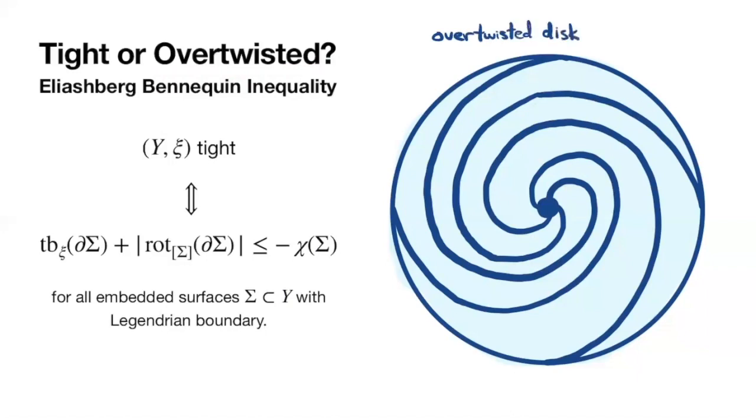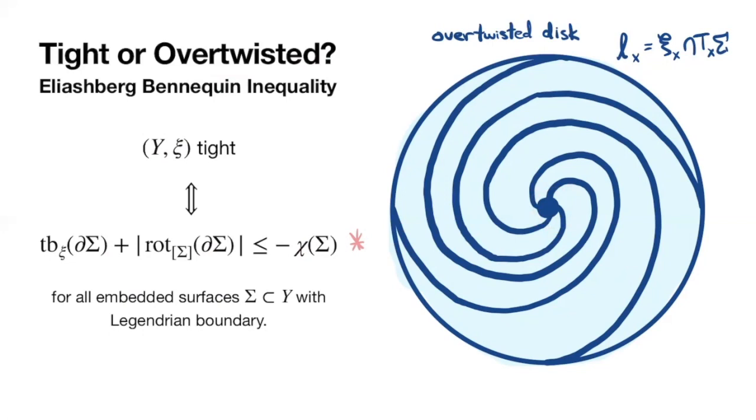So that's what I've drawn on this other side here, and I'll just show you quickly that if you have an over-twisted disk, it's going to violate this Bennequin inequality. So what is this picture? Well, this is a picture of the characteristic foliation, which is just the foliation given by taking the contact planes at a point and intersecting with the tangent planes of the surface. This intersection between these planes looks like a line generically, and there's this one point in the center where those planes coincide and we get a singularity in the foliation.